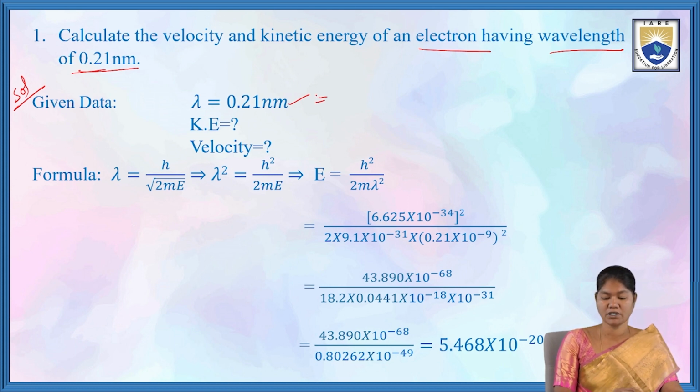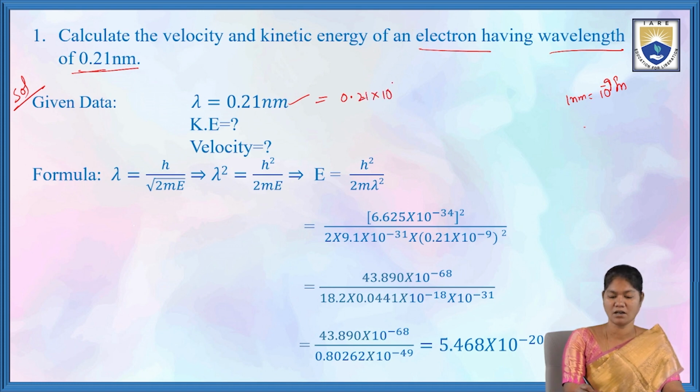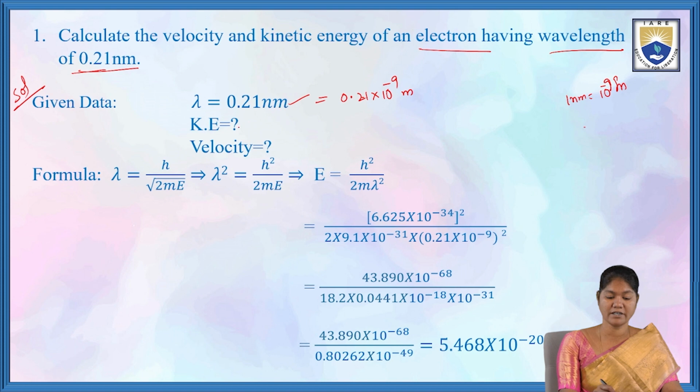This can be converted into meters. 1 nano is 10 power minus 9, so it is 0.21 into 10 power minus 9 meters. So we have to calculate the kinetic energy of the electron and the velocity of the electron.